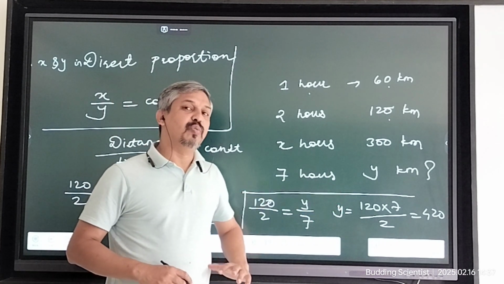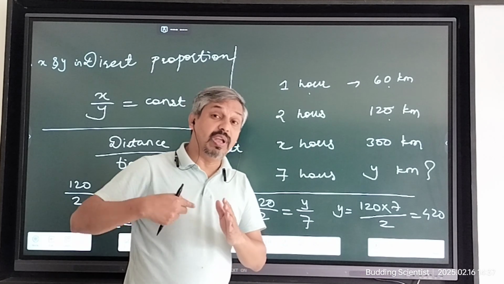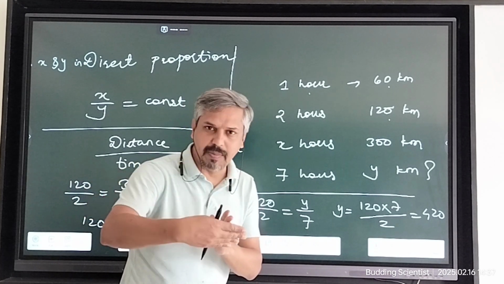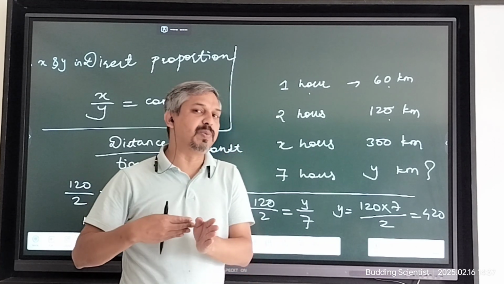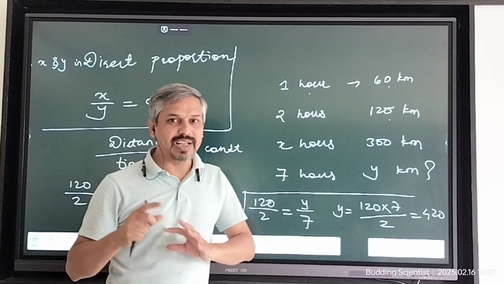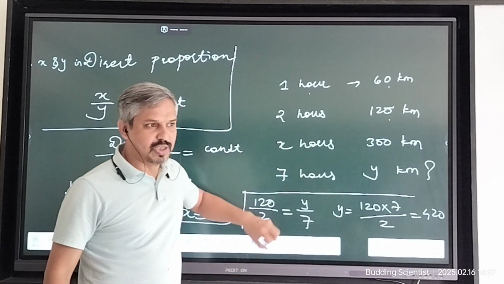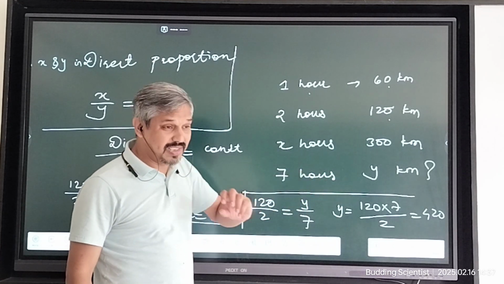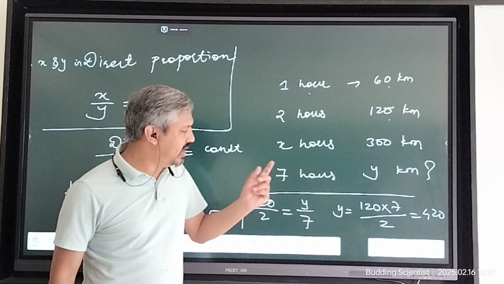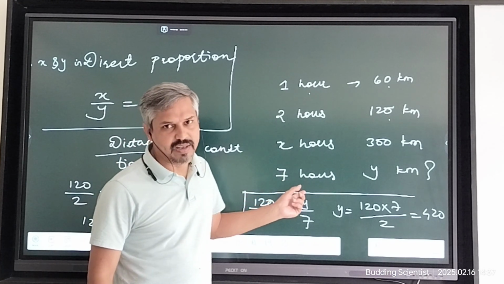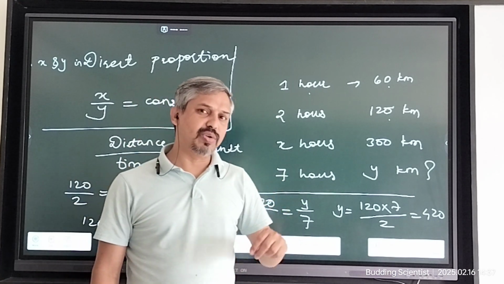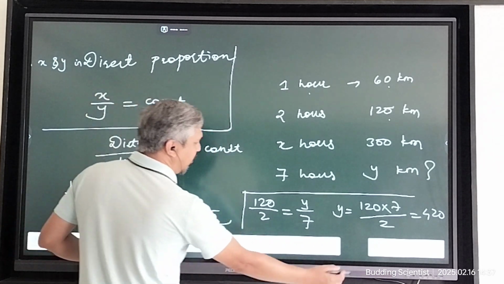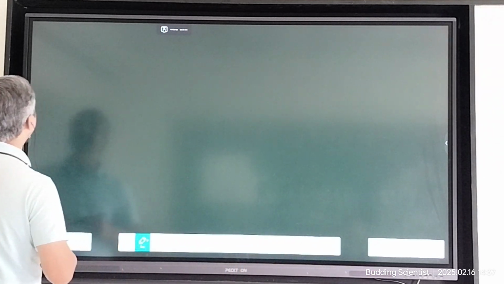It's just that we have to make a decision about whether the two entities are in direct or inverse proportion, and this judgment has taken this problem to grade 8. Solving the problem is not a problem of grade 8 at all. It's just the judgment part, that is why this chapter is in grade 8. We'll now solve something based on inverse proportion that will complete our entire discussion.